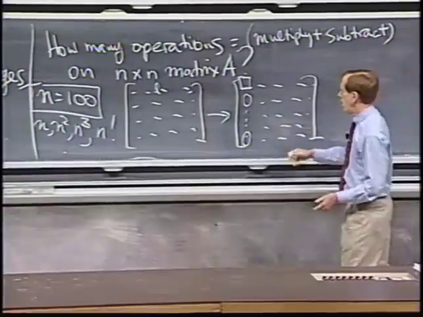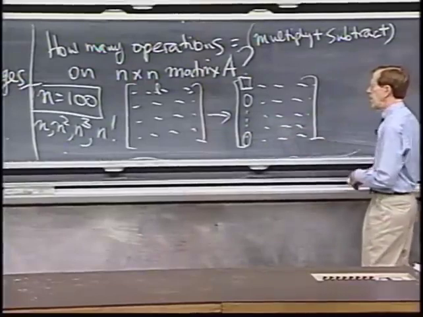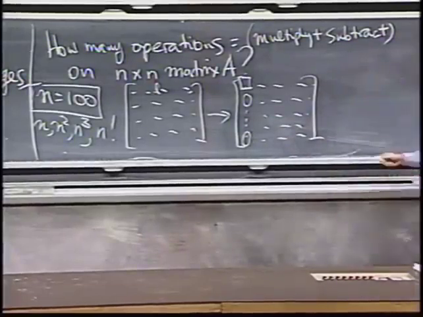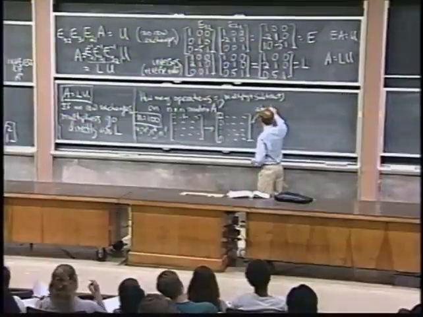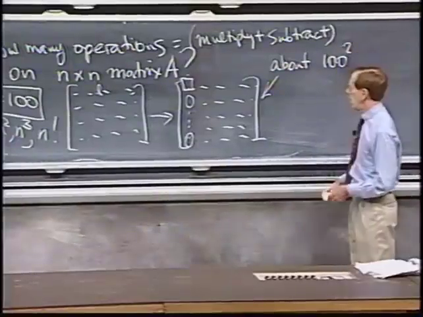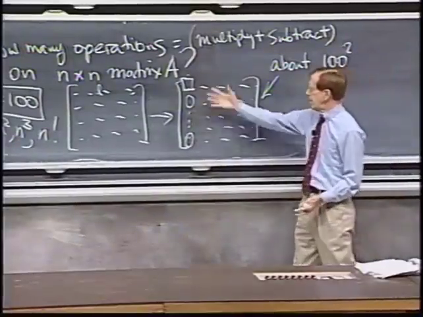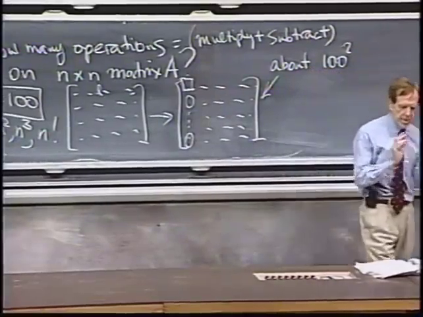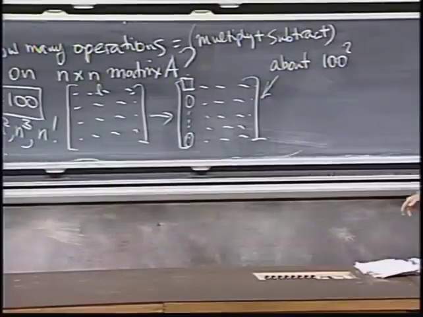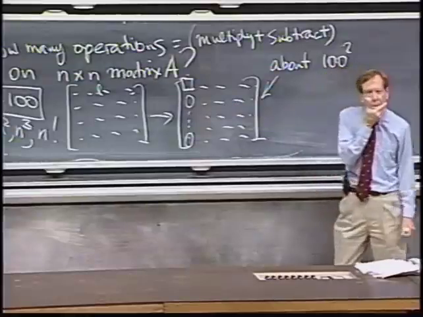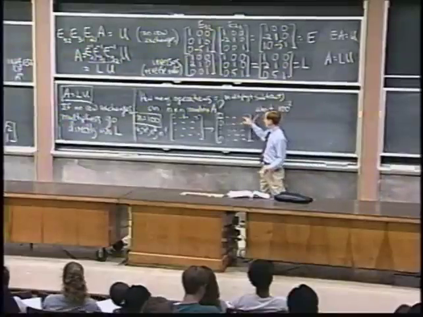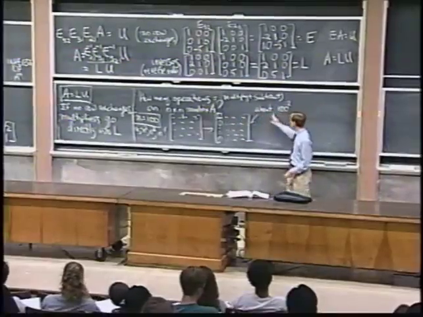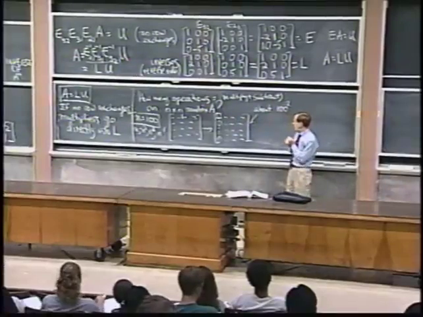So this step, I guess maybe, shall I say this cost about 100 squared. I mean, if I had changed the first row, then it would have been exactly 100 squared, because that's how many numbers are here. 100 squared numbers is the total count of the entries, and all but this insignificant first row got changed. So I would say about 100 squared.